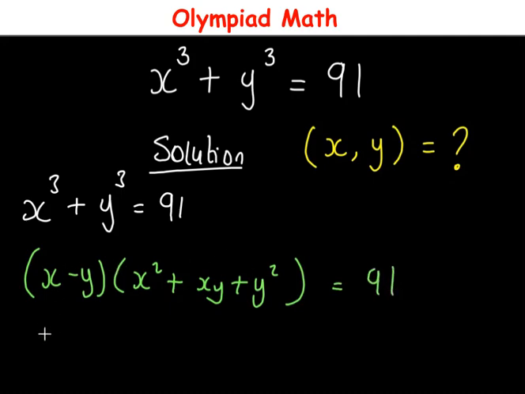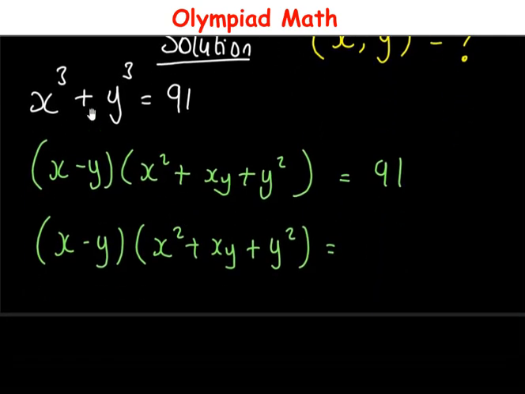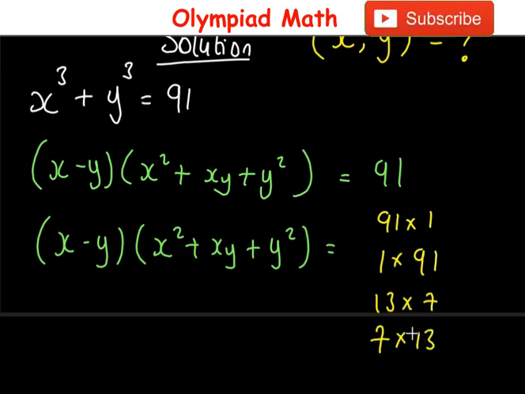From here, x minus y into bracket x squared plus xy plus y squared equals the factors of 91. We have 1 times 91, 91 times 1, 13 times 7, and 7 times 13. So these are the factors of 91.